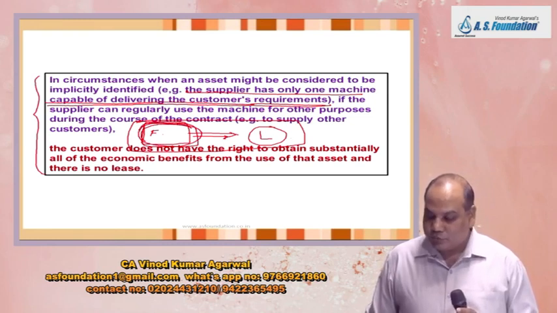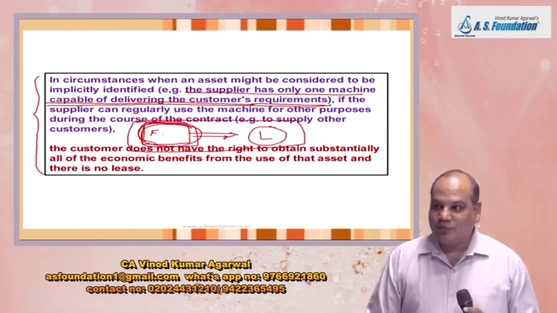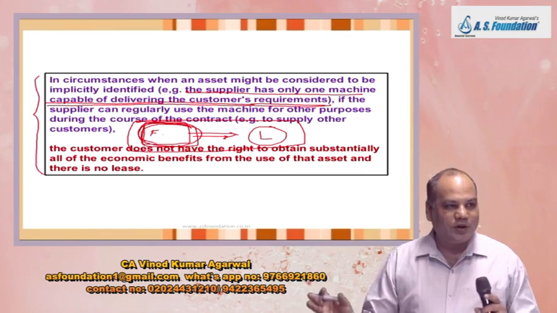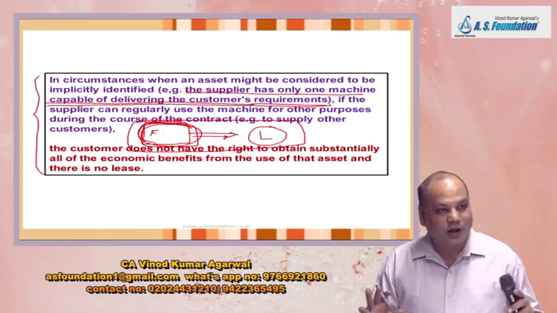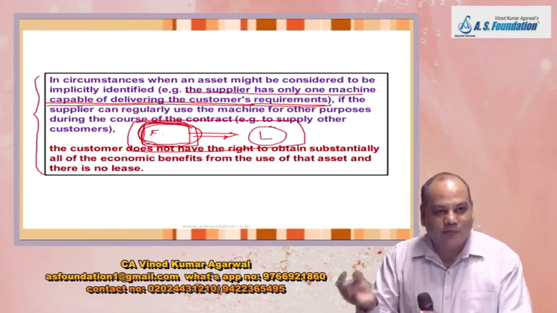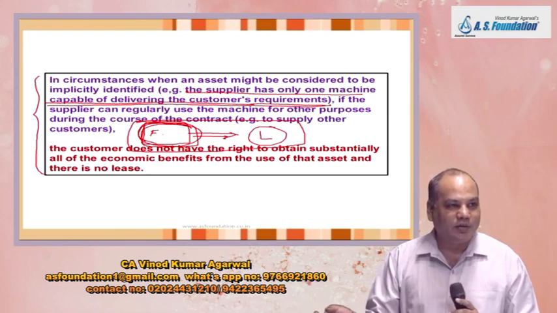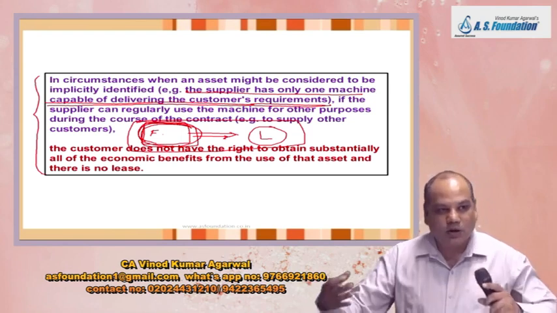L decides how much to be produced, which size of clothes should be produced if it is a cloth factory, which color combination, which product mix, what should be the delivery schedule. If all this is actually decided by L, then probably there is a lease contract.